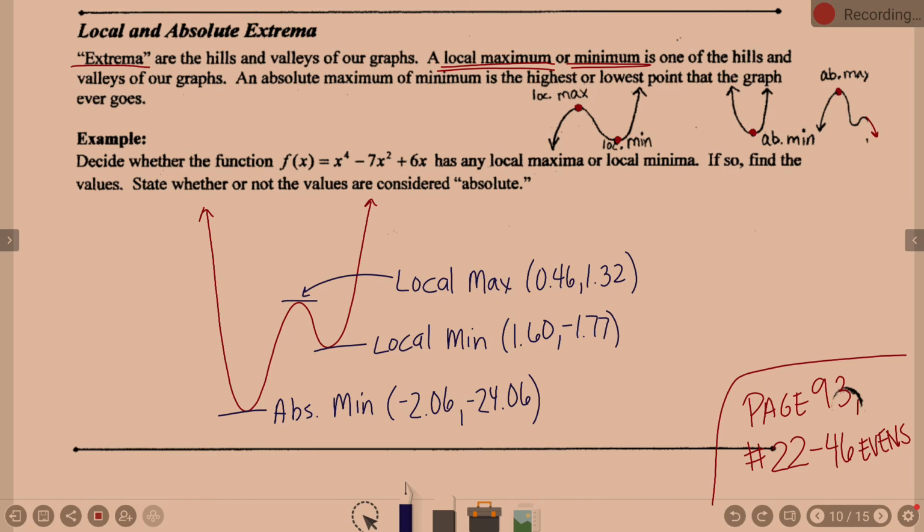Find these. We used second calc and we use the min or max function.